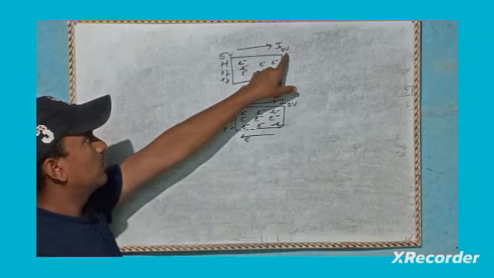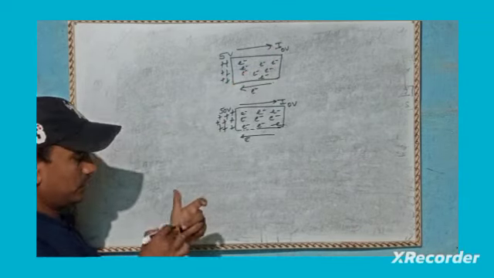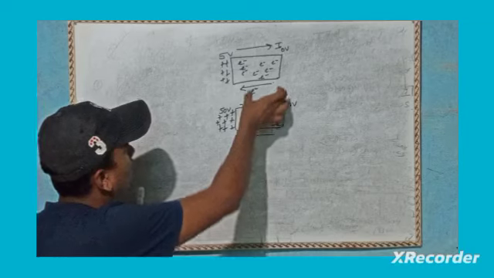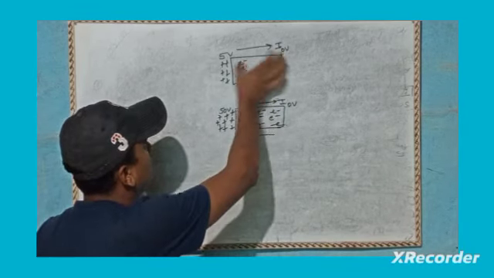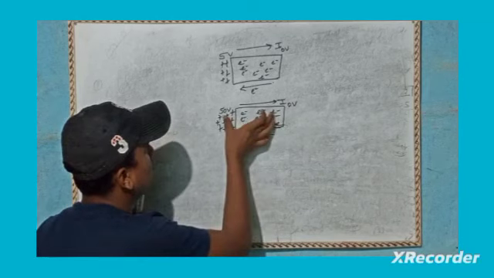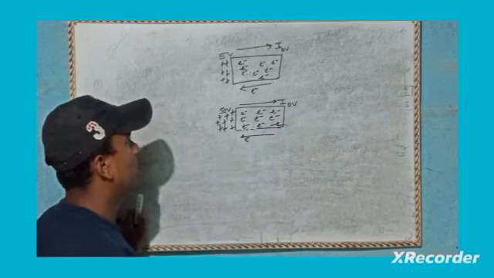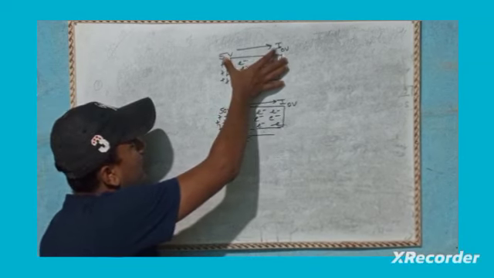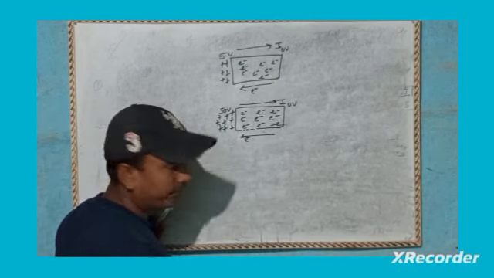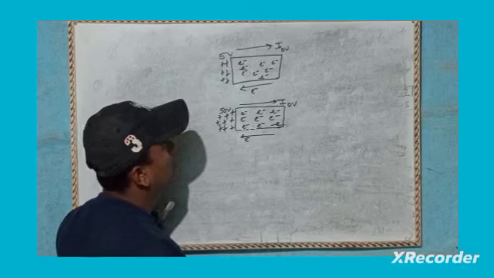Suppose here, if you observe, what is the potential difference? Here 0 to 5 volt, and here 0 to 50 volt.